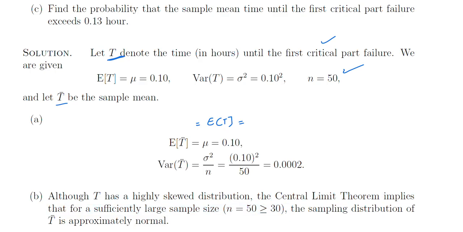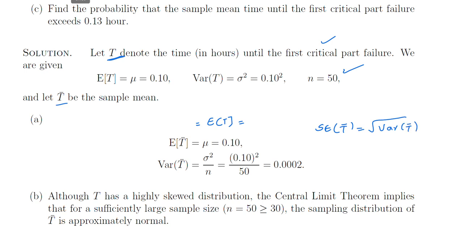So plugging in values, we get 0.002. Okay, now we know the expected value and variance of T bar, and then we can also get the standard error of T bar, which is simply the square root of the variance of T bar.